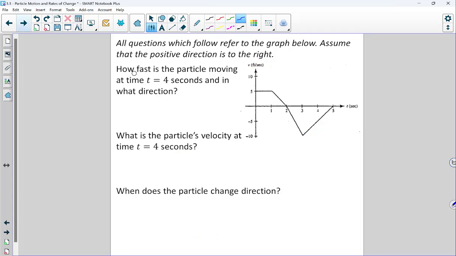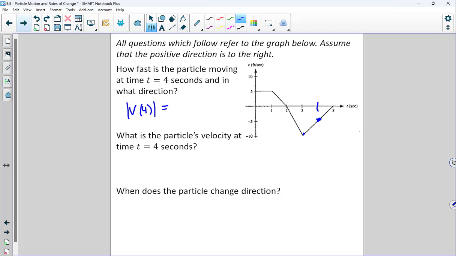Let's keep going. How fast is the particle moving at t equals 4? t equals 4 is this point right here. How fast is the particle? So that's a speed. And in what direction? Now, by observation, it looks like the velocity is -5, but I don't want to automatically assume that. I can see that this is linear.